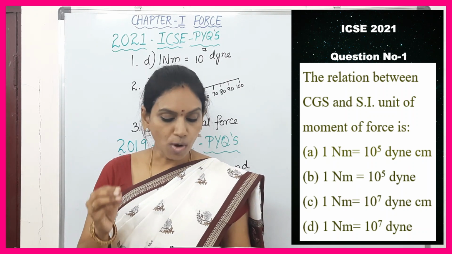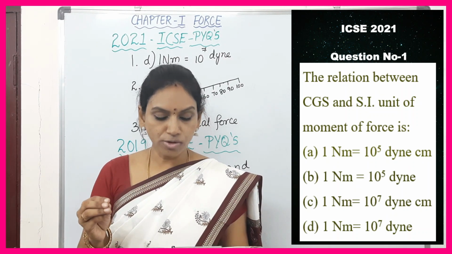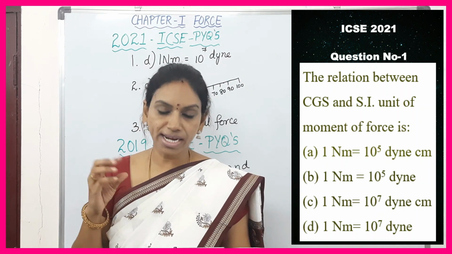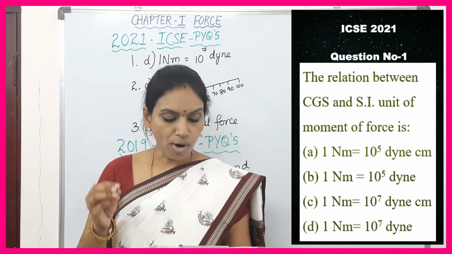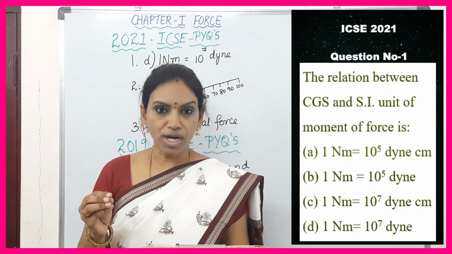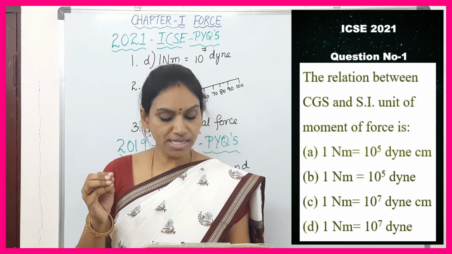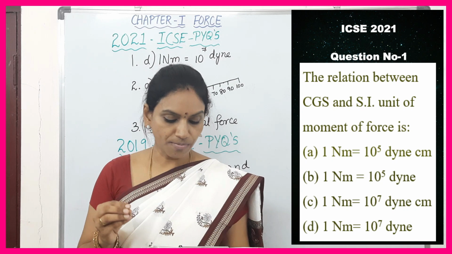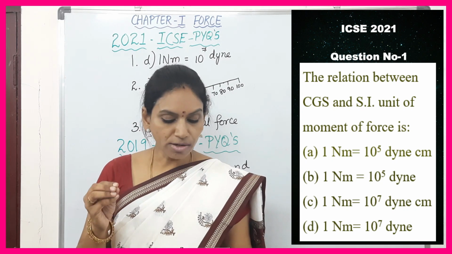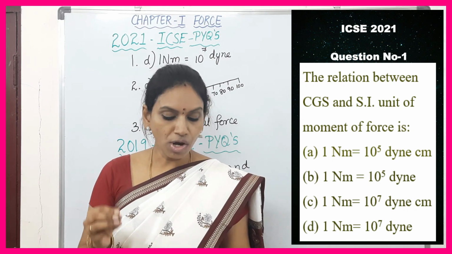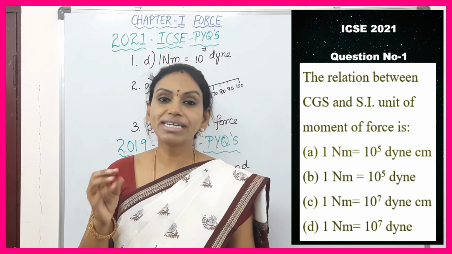Option B, 1 Newton meter is equal to 10 to the power 5 dyne. Option C, 1 Newton meter is equal to 10 to the power 7 dyne centimeter. Option D, 1 Newton meter is equal to 10 to the power 7 dyne.